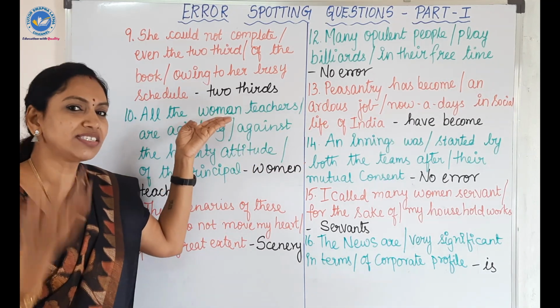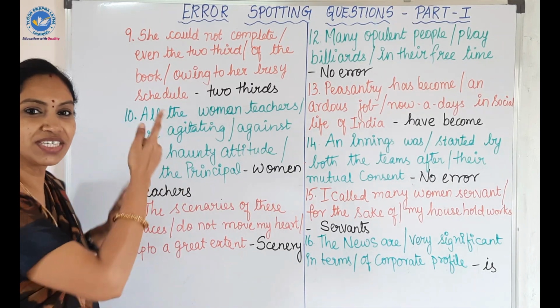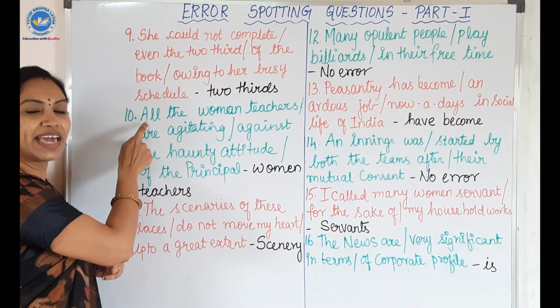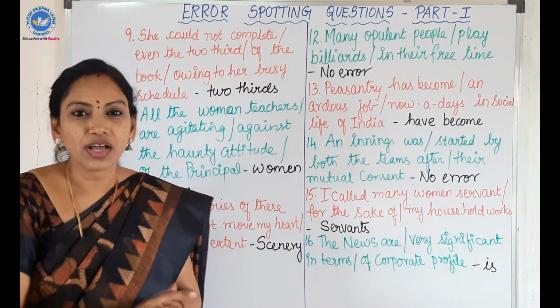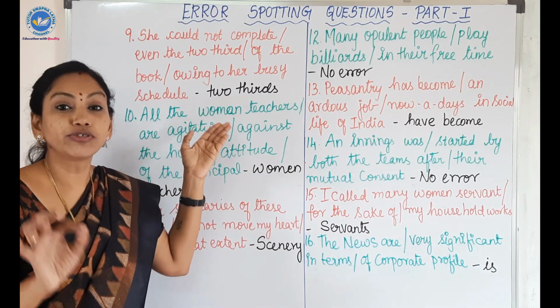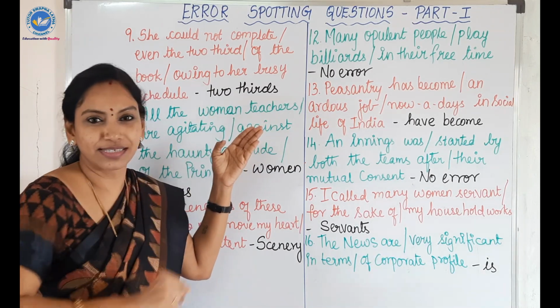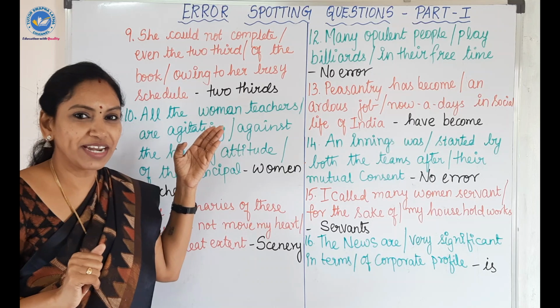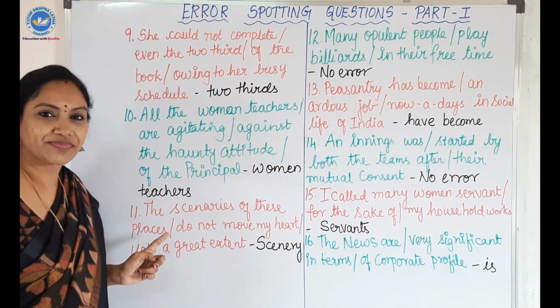I should definitely change it as women. But note down the first part of the sentence, all, they have given. All in the sense everybody, which means plural. You cannot have woman. You should write women. If women is coming, you should add teachers. Hope you understood, my dear friends. Okay. So, women teachers.